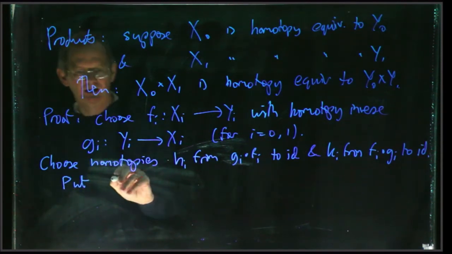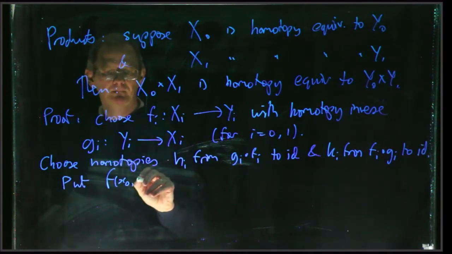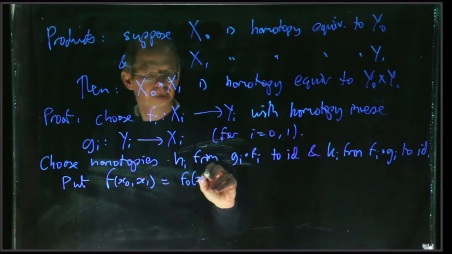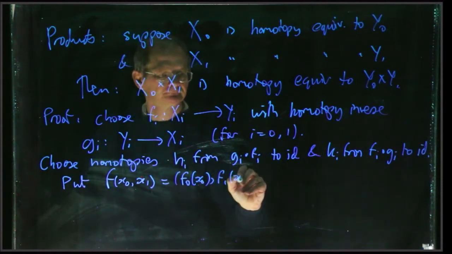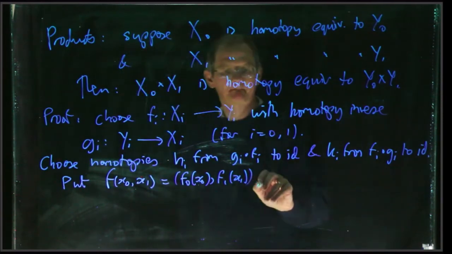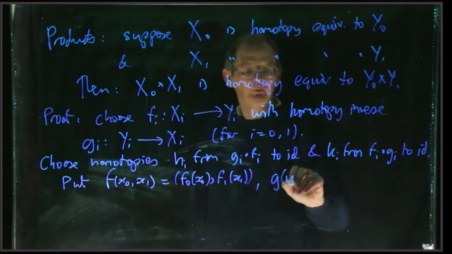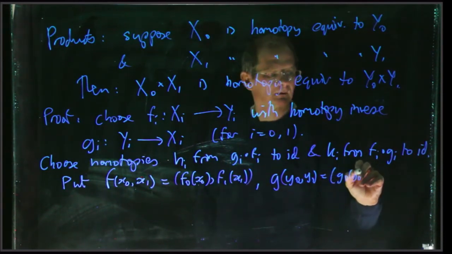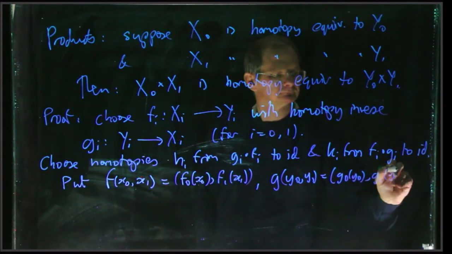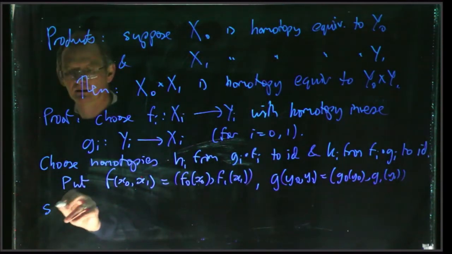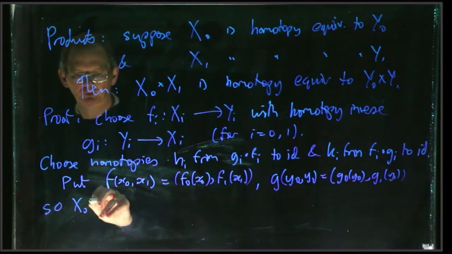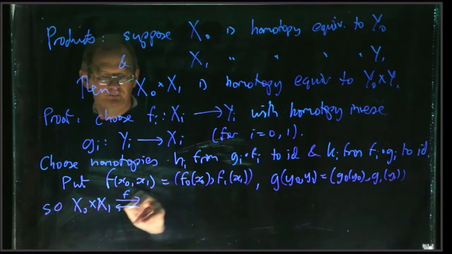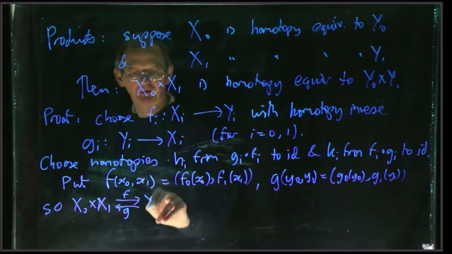And then we put f of (x0, x1) is (f0 of x0, f1 of x1), g of (y0, y1) is (g0 of y0, g1 of y1). So now you've got X0 cross X1, and your maps f and g going in this sort of direction.